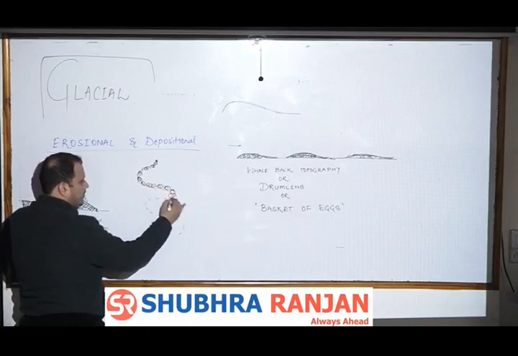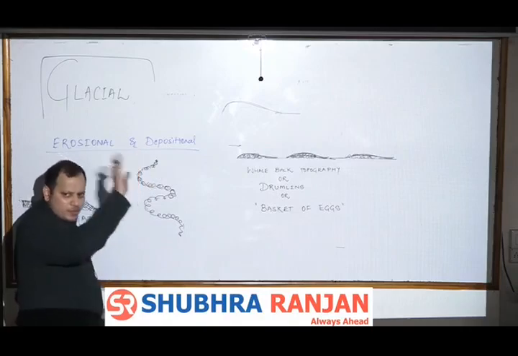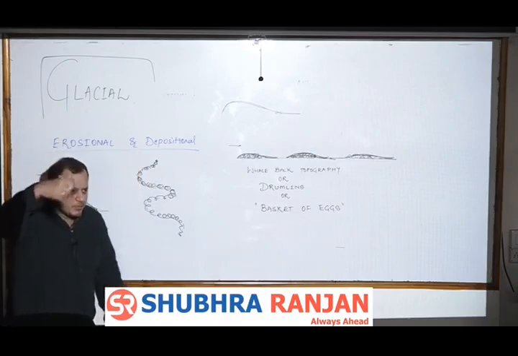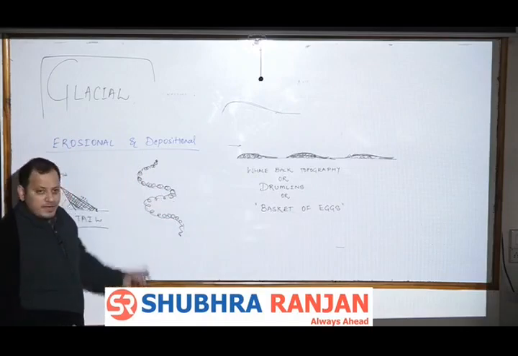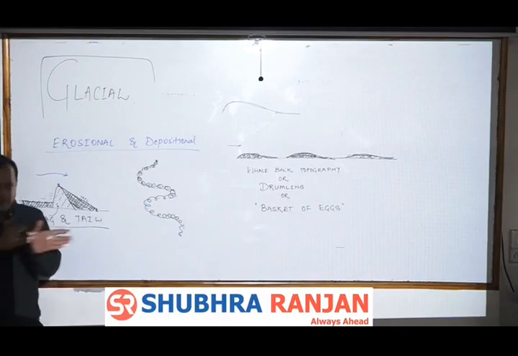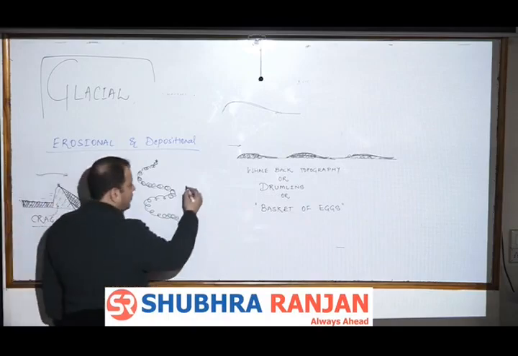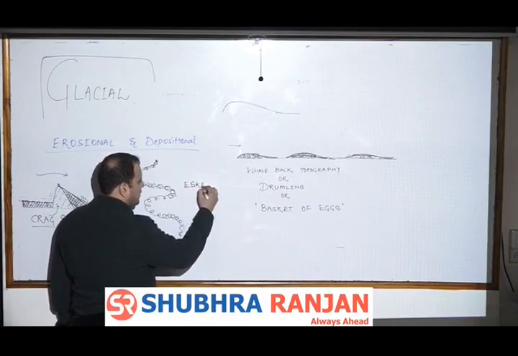Over the period of time, the sediments have been deposited, and the water has evaporated or gone away, and therefore this is the top view. We find a very interesting feature in the glacier, the mountains which are in a meandering manner, and these meandering mountains or ridges are known as eskers.